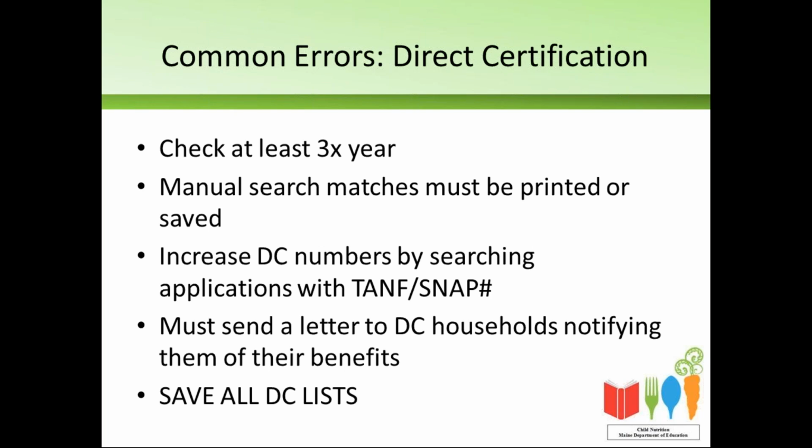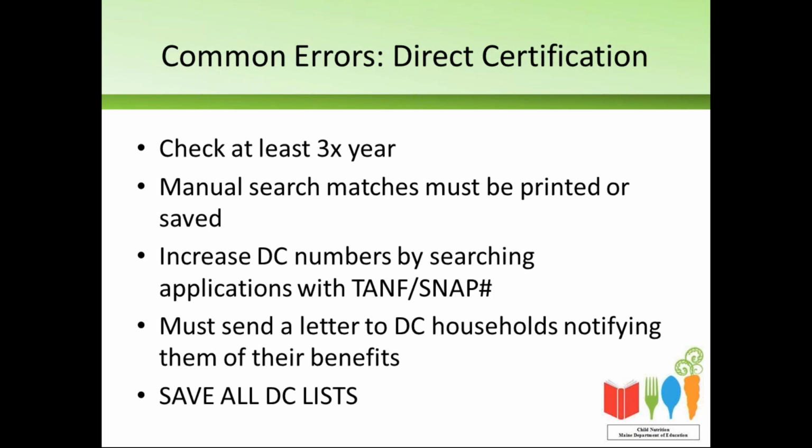If you're doing a manual search for a student, say I have the information for David Hartley, and he was free last year based on the direct certification list, but he doesn't come up on your direct cert list this year. So you do an individual search for me. If I show up, you have to print that off and maintain that screen print to show that that's why I'm getting that benefit.